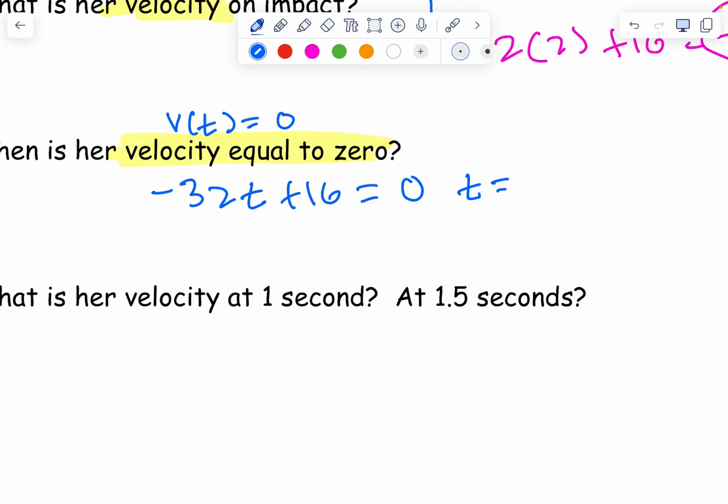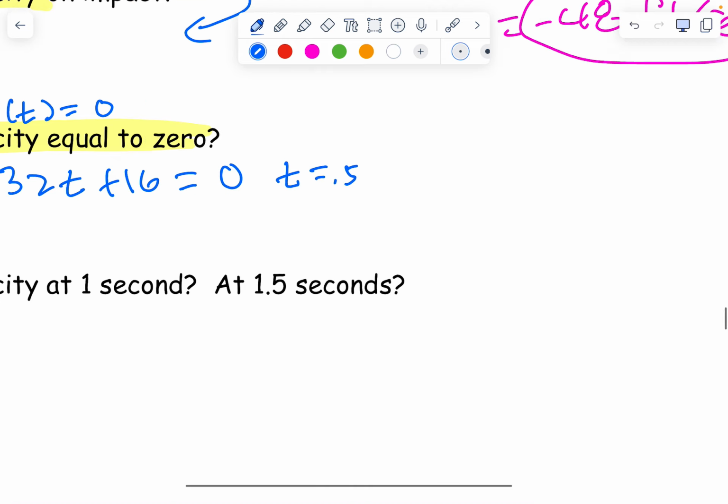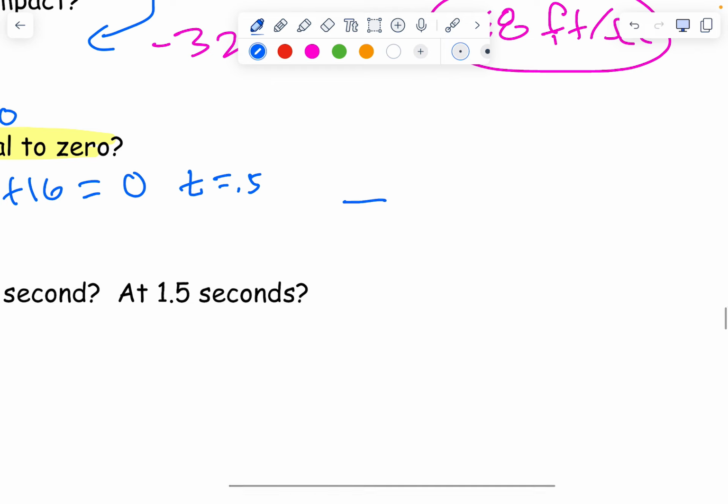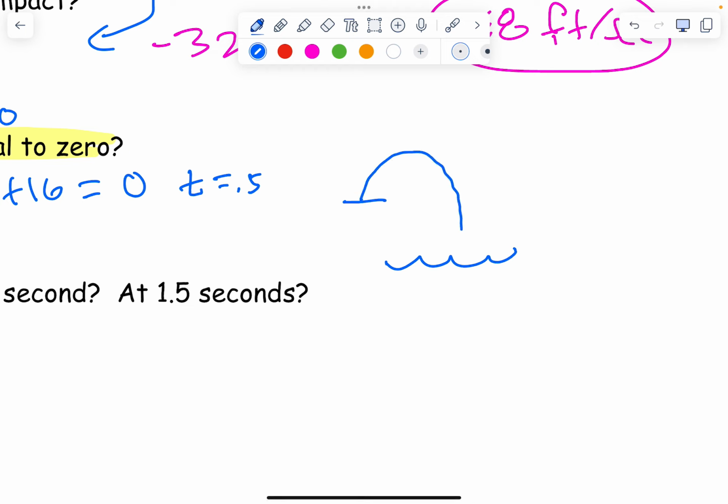Did everyone get half? Okay, I'm going to show you what this means visually, because I like things visually done just because it's hard to picture what's happening. So there's my diving board, and here's the water. Maybe I can add a shark, but I can't do that. So we dive into the water. We know the velocity is basically the slope.